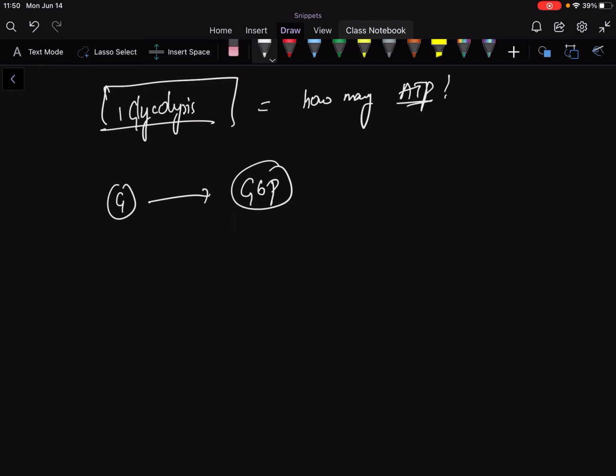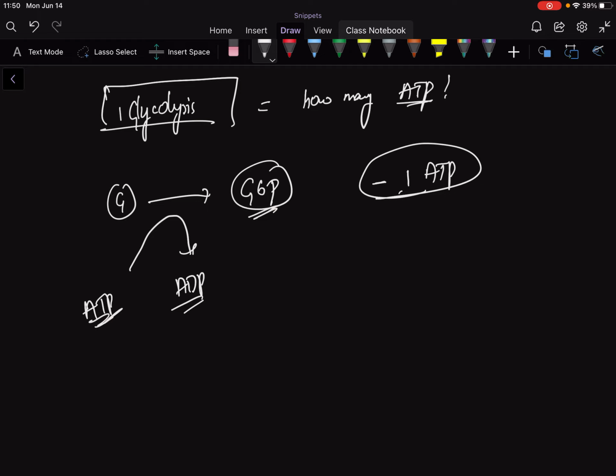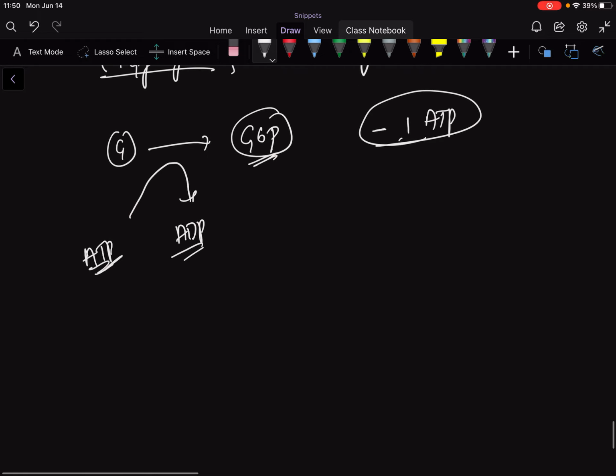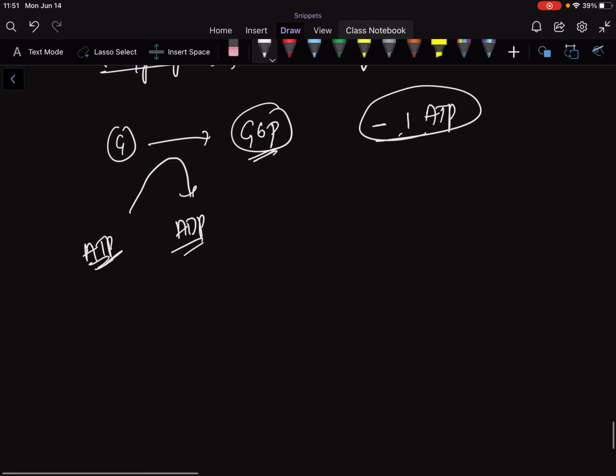During this, adenosine triphosphate is converted into adenosine diphosphate. So we are stealing one phosphate from ATP, and we are adding this phosphate to the glucose 6 position. So we are investing 1 ATP, or we can say 1 ATP is lost. Okay, first we have to invest, then we will get the returns, right? In real life also. That is the first step.